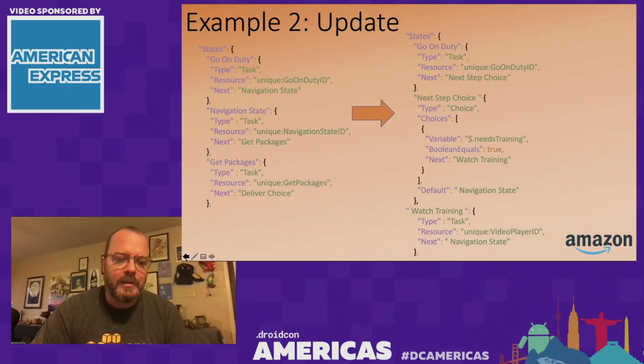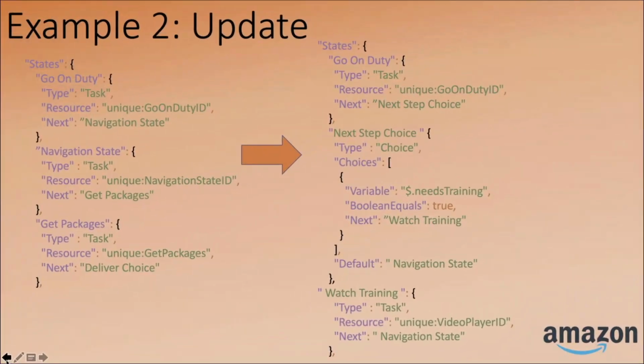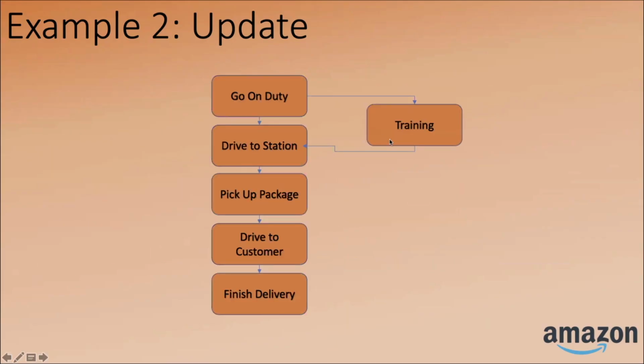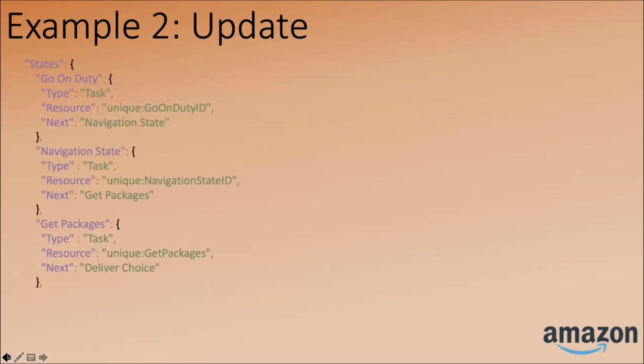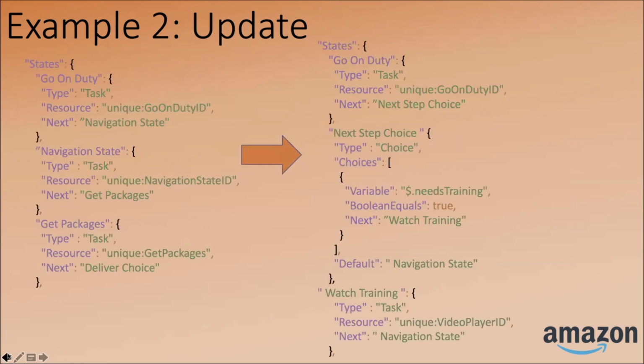Here's where things start getting really cool. Let's assume that this watch training task, as we described much earlier in the talk, let's assume that somebody's already created a watch video task that they're using for something else. If it's already extant within the app, then this portion right here where we add this in, because this is just JSON, we don't actually need to push out new code to the app.